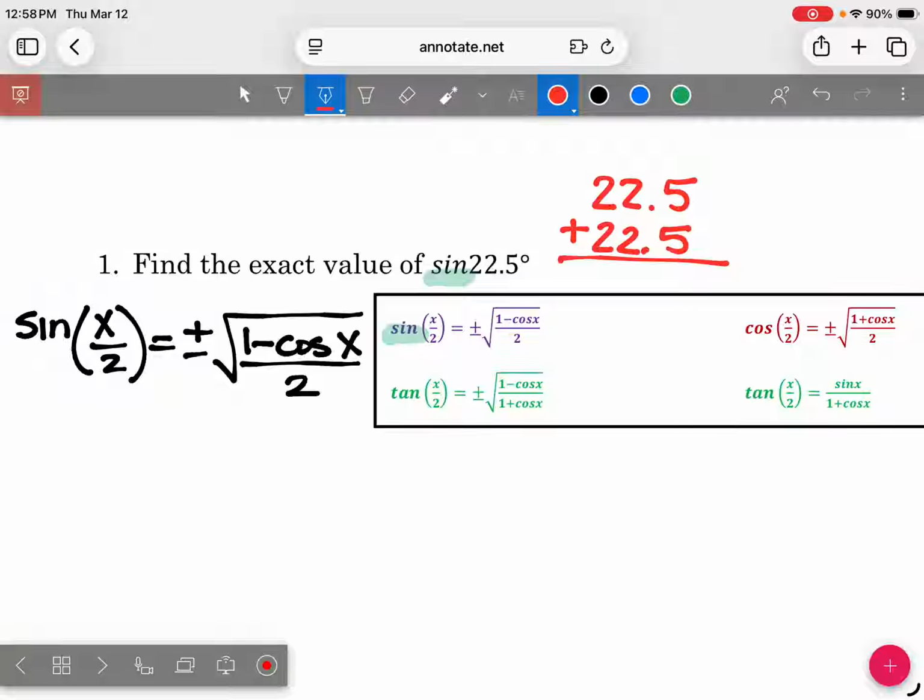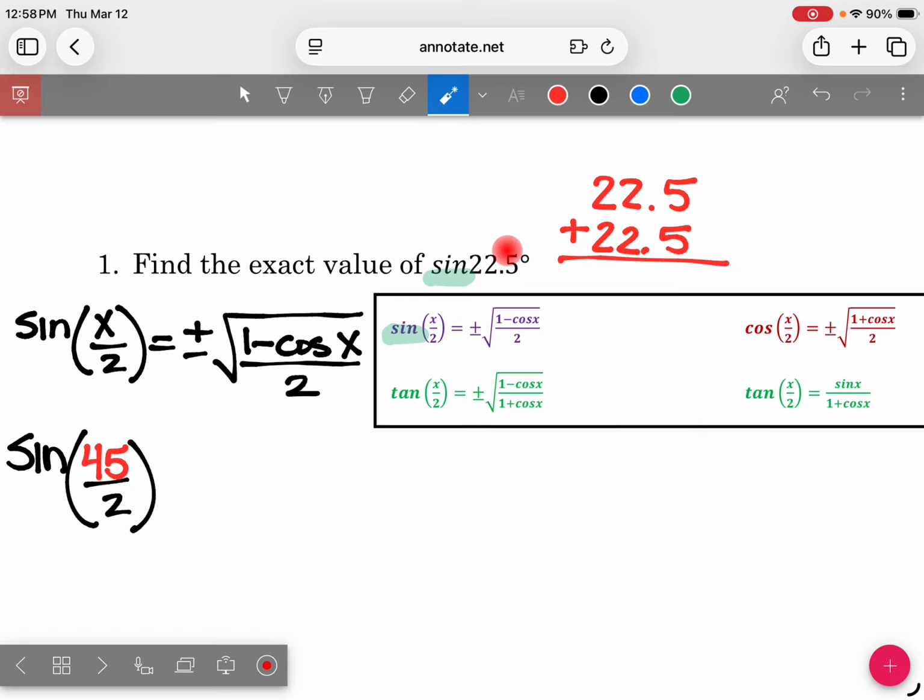So that means that I'm going to take the sine, and it's going to be 45 divided by 2. That's the angle I'm working with on the unit circle. Okay, so now do you notice how there is a plus and a minus in front? We need to figure out if the sine of 22.5 is positive or negative. So let's look at 22.5.